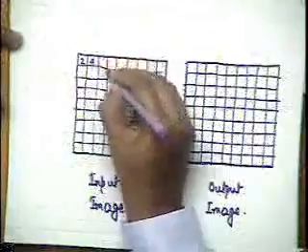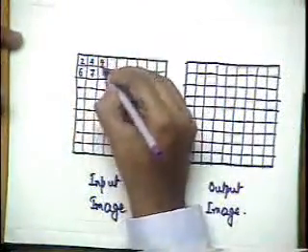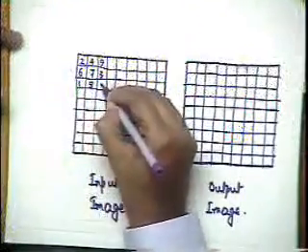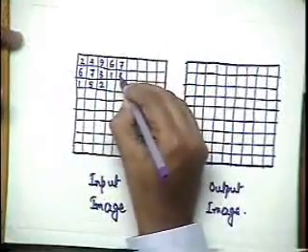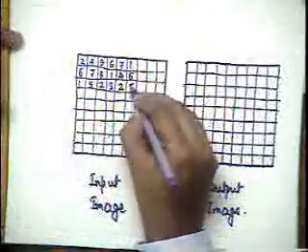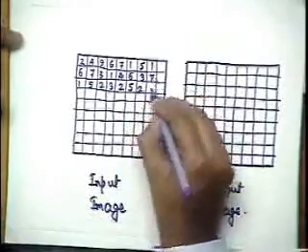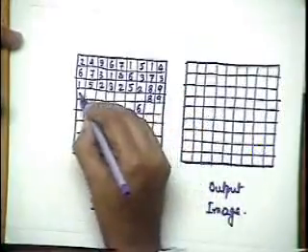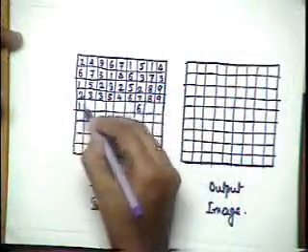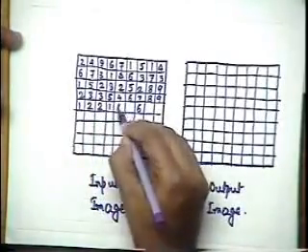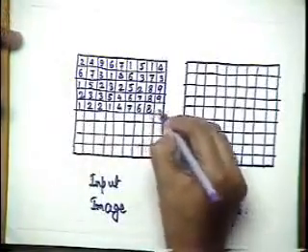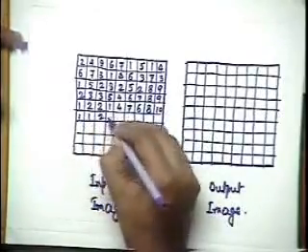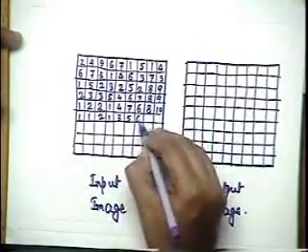Say I take the intensity values like this, and so on. I need not fill up everything.